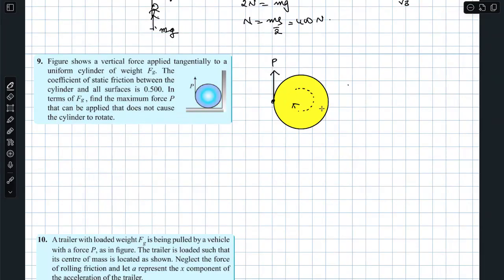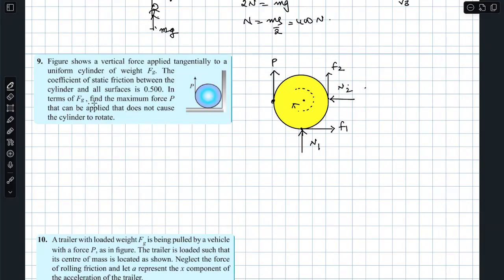Yes or no? About the center, the tendency of rotation is clockwise. But at this point, you will have friction F1 like this. And you will have normal reaction N1. Remember, here there is a contact surface. At this contact surface also, you will have friction F2. And you will have one more normal reaction N2.